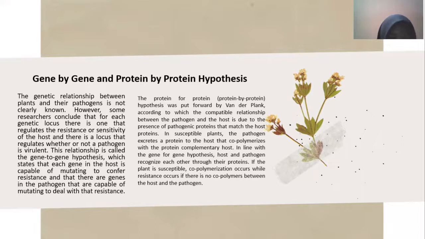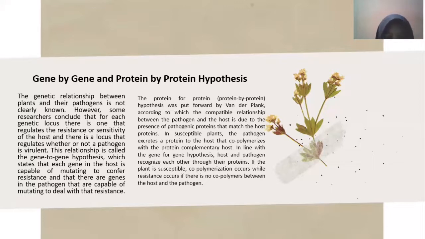This relationship is called the gene-for-gene hypothesis, which states that each gene in the host is capable of mutating to confer resistance, and that there are genes in the pathogens that are capable of mutating to overcome the resistance.